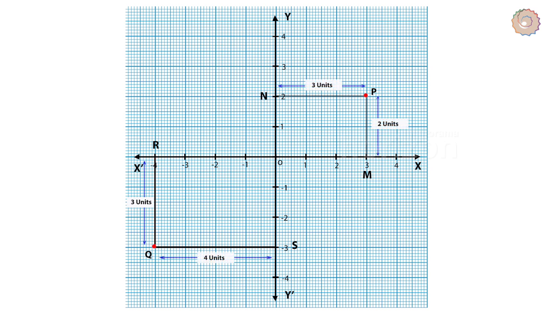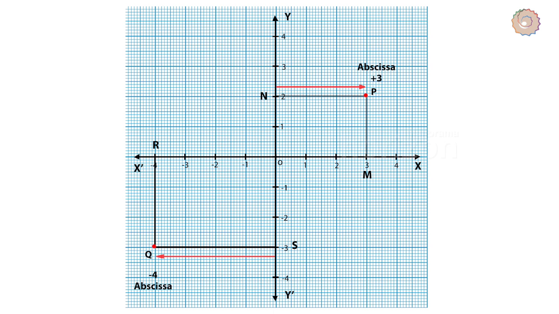Now, using these distances, let's find the coordinate points. The x coordinate of a point is its perpendicular distance from the y-axis measured along the x-axis, positive along the positive direction of the x-axis and negative along the negative direction of the x-axis. For the point P, it is +3 and for Q, it is -4.